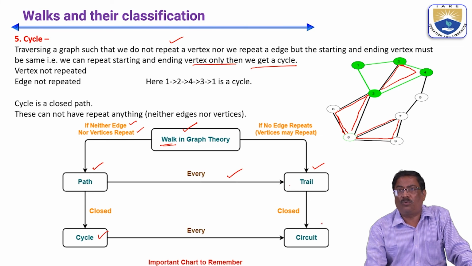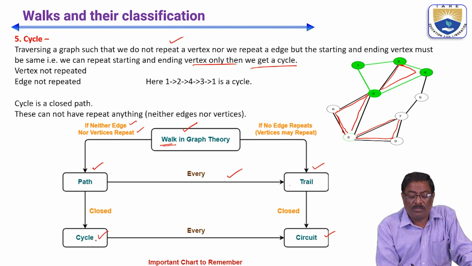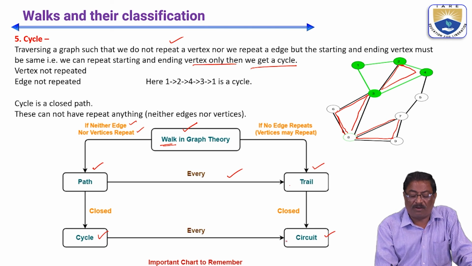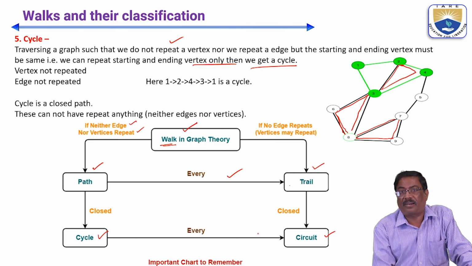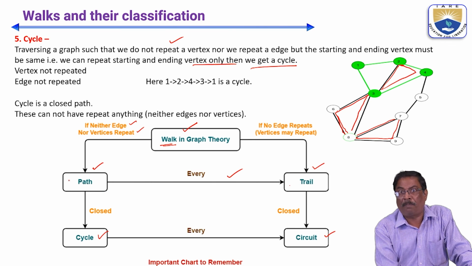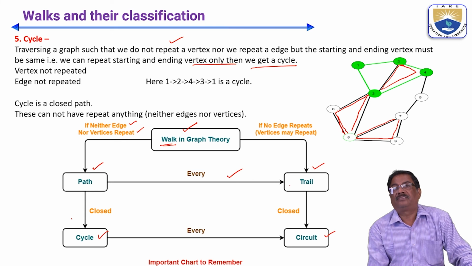If it is a closed walk, no edge is repeated, and vertices are repeated, then that is known as a circuit. Now, every cycle is a circuit, but the converse need not be true. Any circuit may not be a cycle. Every path is a trail, but a trail need not be a path. Every cycle is a circuit, but a circuit need not be a cycle.